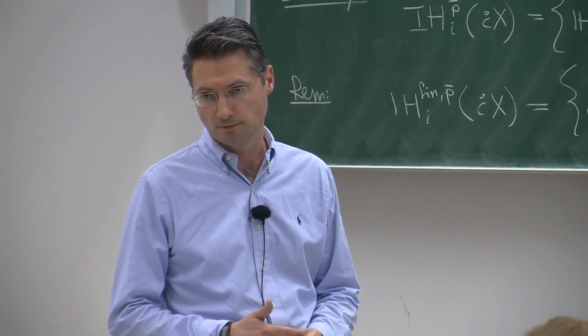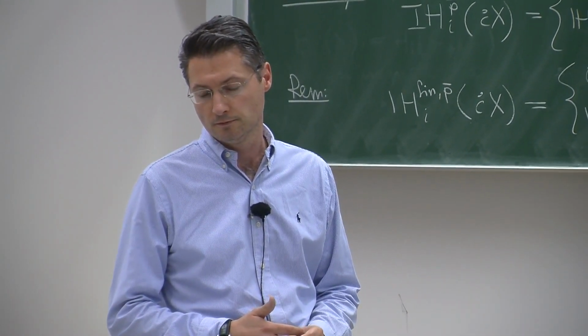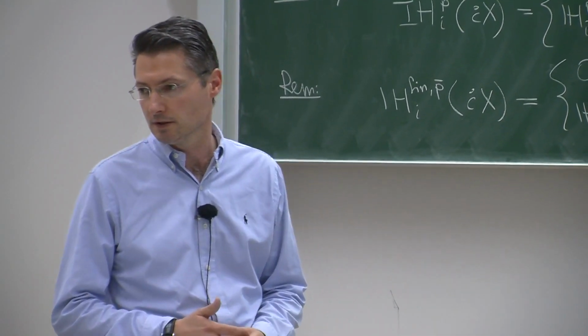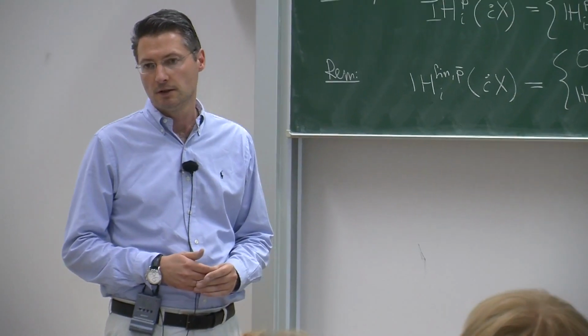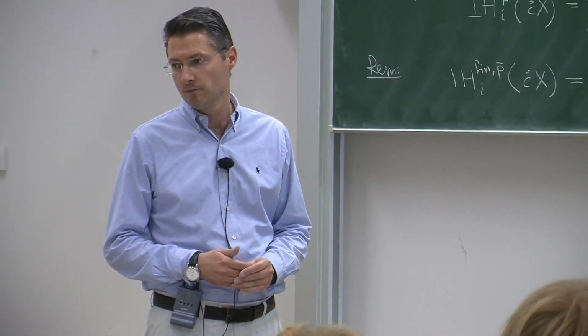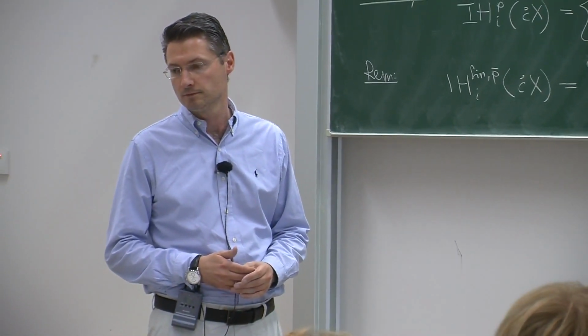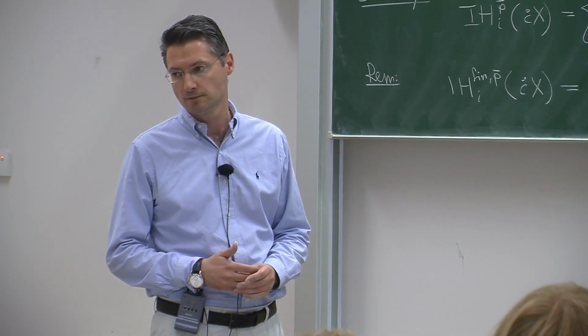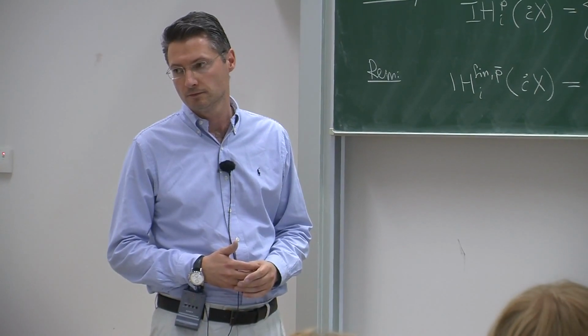L2 cohomology using the closure in the L2 norm? It's supposed to be the same, yeah. You take the closure, not the closure actually here. You take the maximal closure. That's the difference. I will explain this tomorrow, I guess.